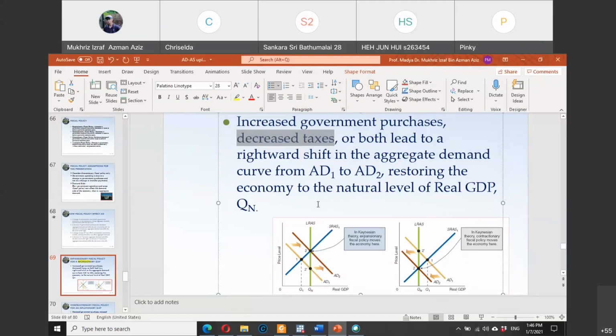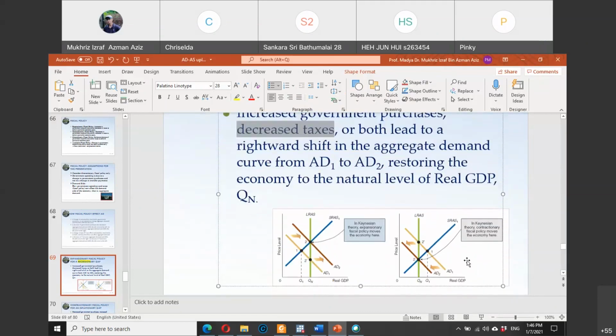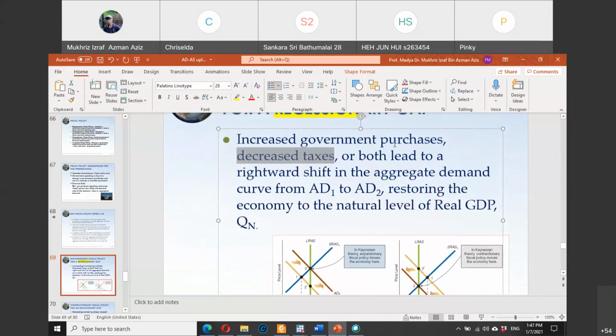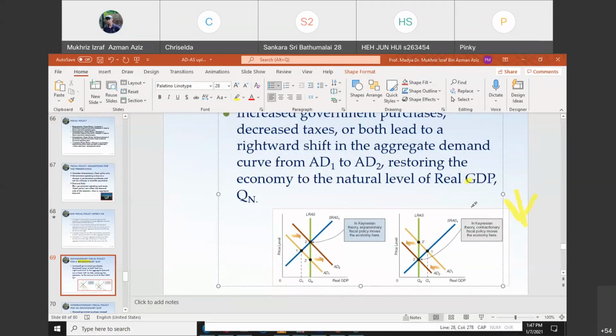The opposite of expansionary is contractionary. Contractionary will cause the aggregate demand curve to shift to the left, from AD1 to AD2, as you see here. It's just the opposite movement: shifting to the right for expansionary, shifting to the left for contractionary. So if increasing government spending and decreasing tax is part of expansionary, then contractionary means reducing government spending and at the same time increasing tax.